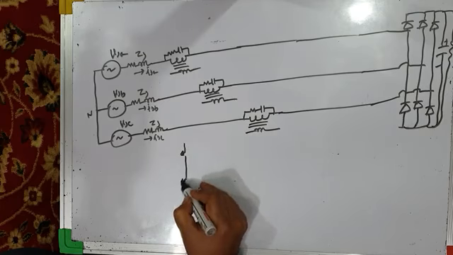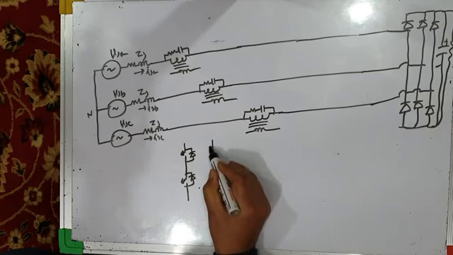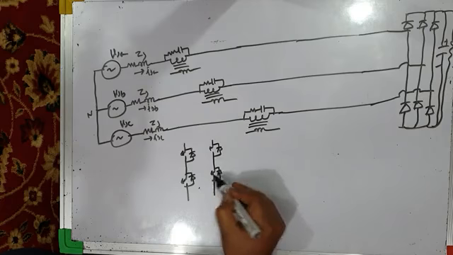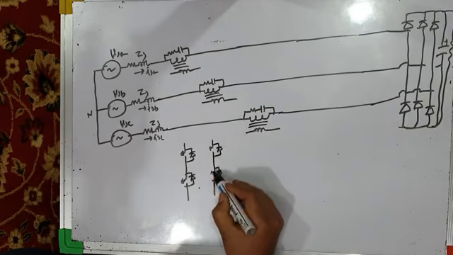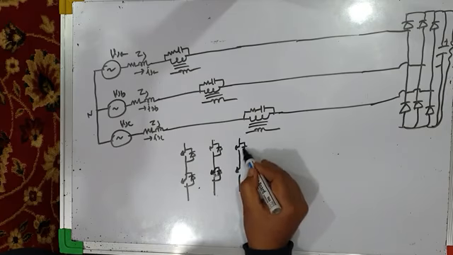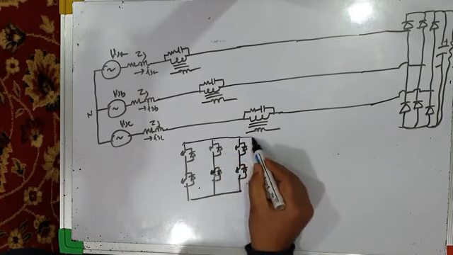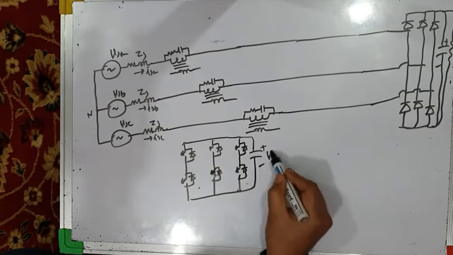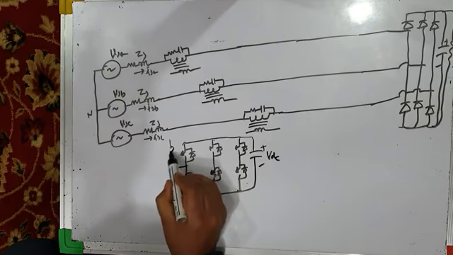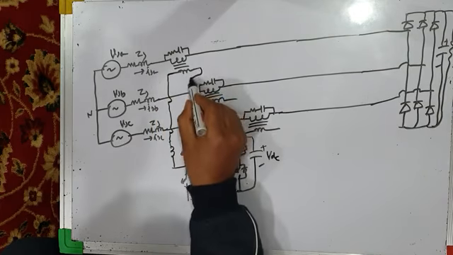Let me draw the power circuit diagram of series active power filter. Voltage source converter based three-phase, three-wire series active power filter. This is DC bus capacitor voltage VDC, and this is the injected voltage.